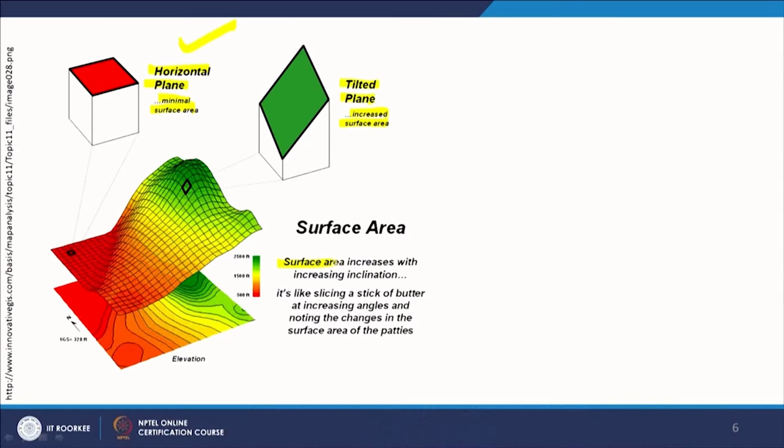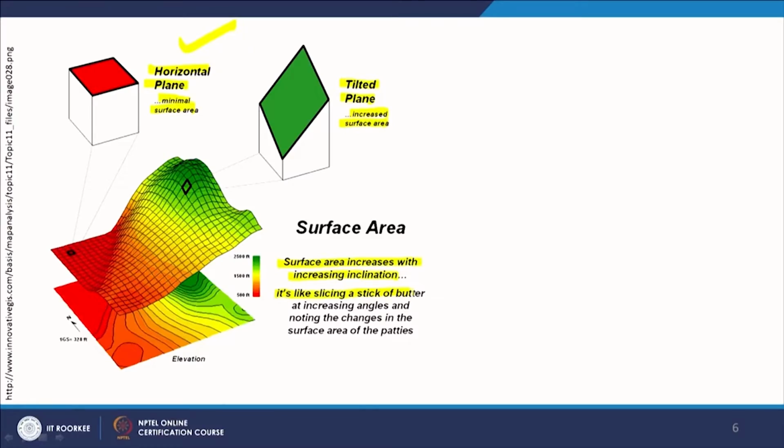If it is an inclined area or sloping land, then the surface area should be calculated rather than the planimetric area. So surface area increases with the increase in inclination. In a highly rugged terrain, this situation will increase; that means the surface area will increase much more than in a flat part.